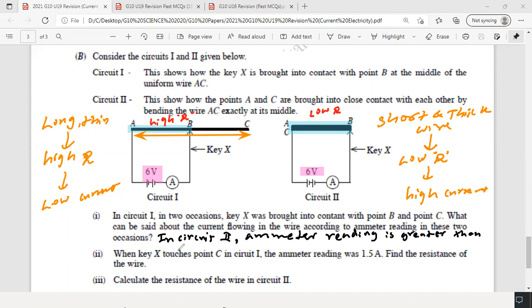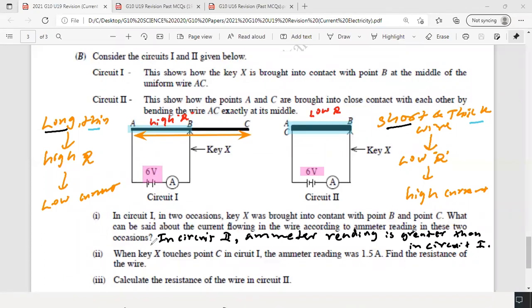Is that clear? Why? I told you. Short wire and long wire. Short wire, low resistance. Thin wire and thick wire. Thick wire, low resistance. Both will contribute here.